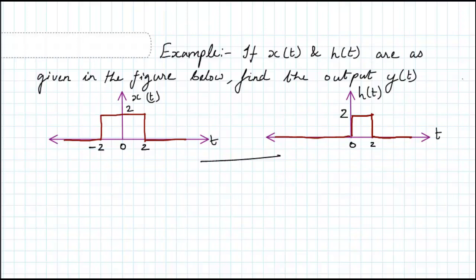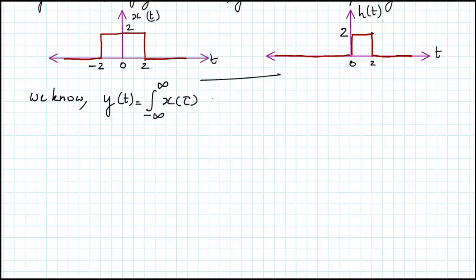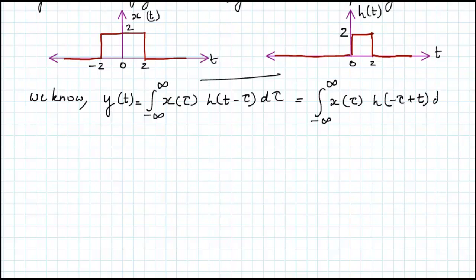We know the equation for finding y of t: y of t is the integral from minus infinity to infinity of x of tau h of t minus tau d tau, which I can write as the integral of x of tau h of minus tau plus t, with respect to changing value of d tau.